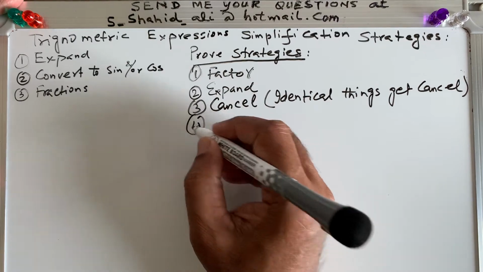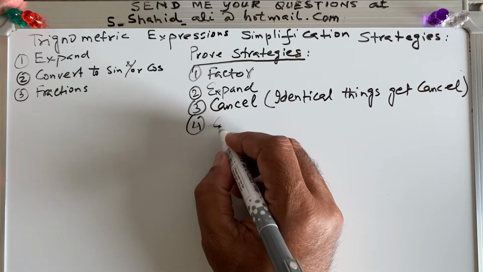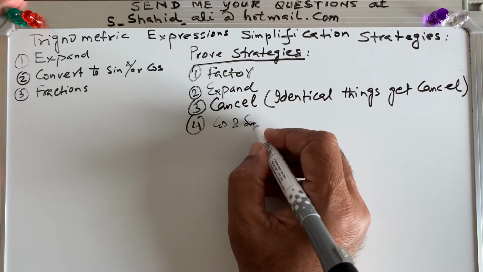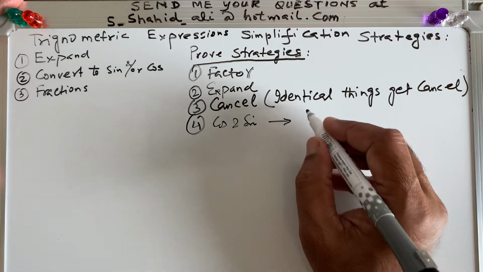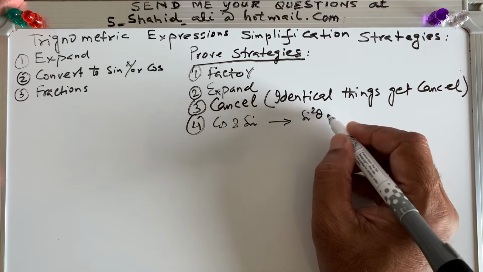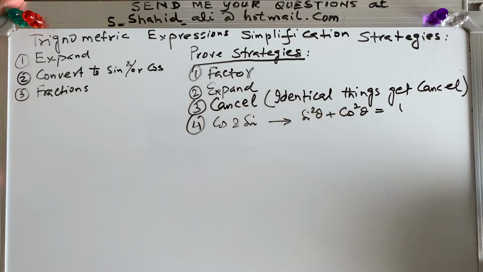Then we have convert to sine theta or cos theta, which means we make use of cos and sine strategies. We know all those strategies. The most important is sine squared theta plus cos squared theta is equal to 1.